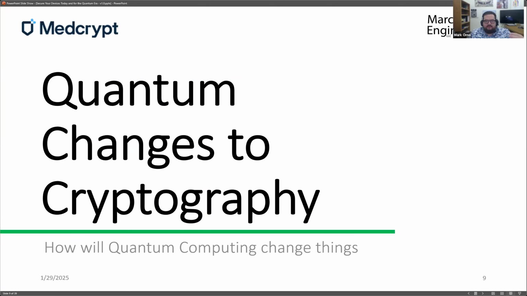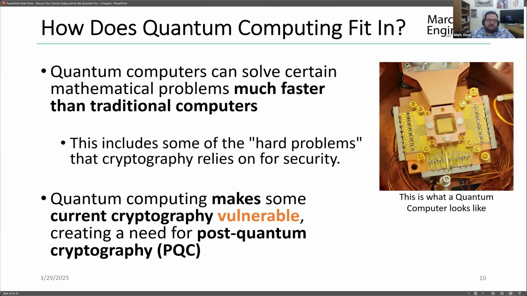And so, next thing we're going to touch on is quantum changes cryptography. Quantum computing is something that's coming up, and one of the biggest areas that it is strongly affecting is cryptography. Quantum computers can solve those hard mathematical problems much faster. All of a sudden, these problems we thought for a long time were hard problems, and those hard problems we rely on for security, it turns out some of them are not so hard for quantum computers.